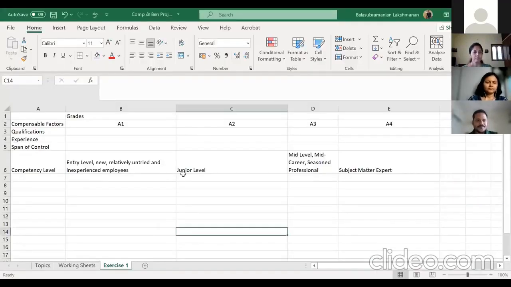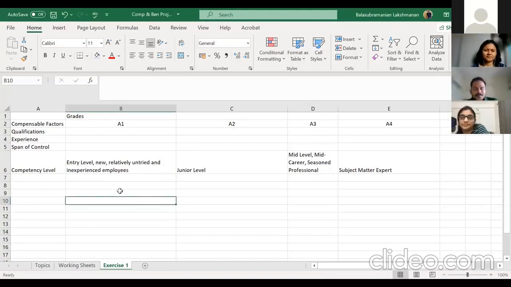Okay, so let me know if you are able to see. I'm sharing my screen. Yes. Okay, so I'll also open those. So these are the 5 JDs, right? So I'll open them also.